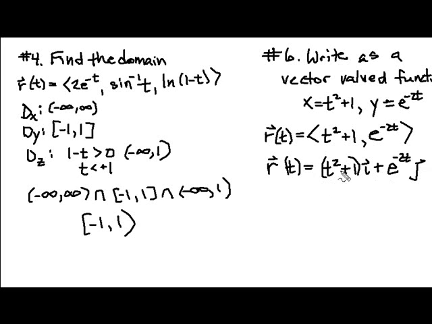Now let's look at number 10. Number 10 asks us to basically reverse the procedure. So they're giving us a vector-valued function and asking us to write it as a set of parametric equations.